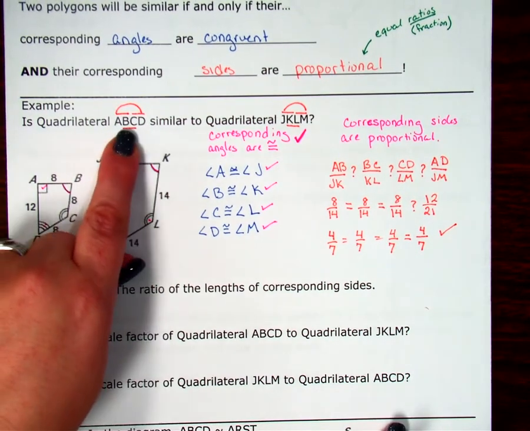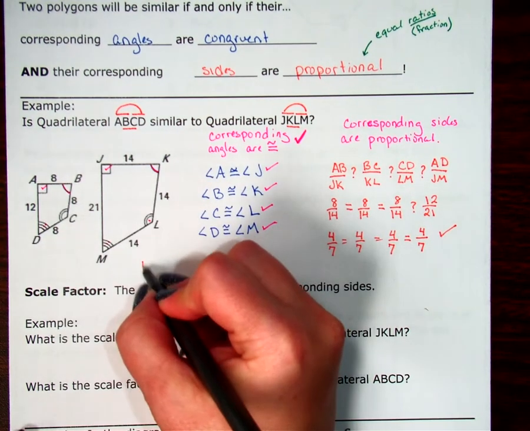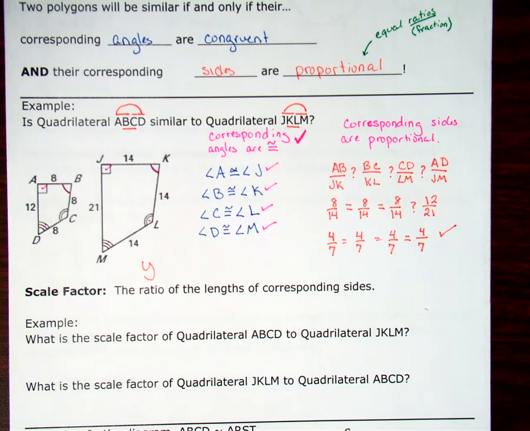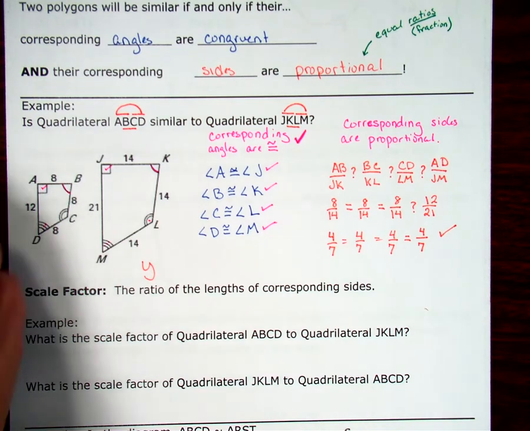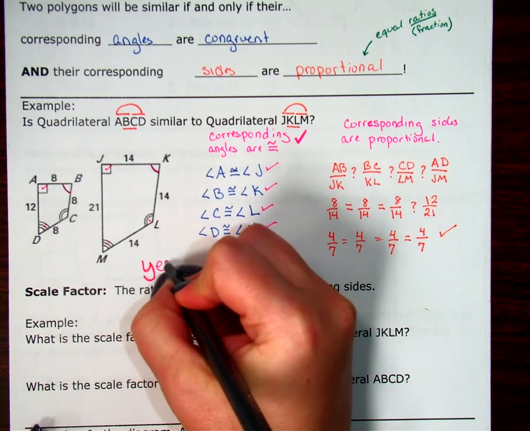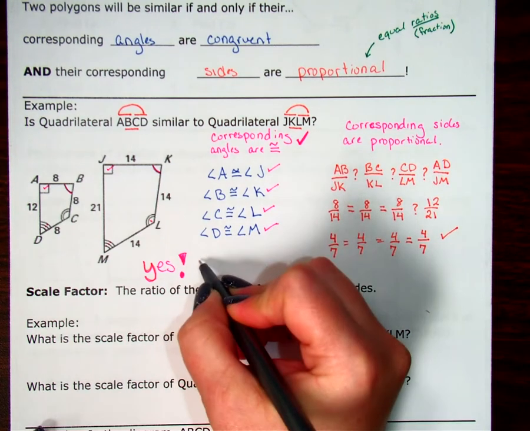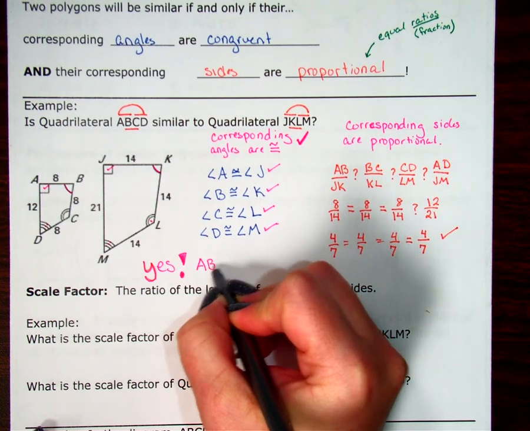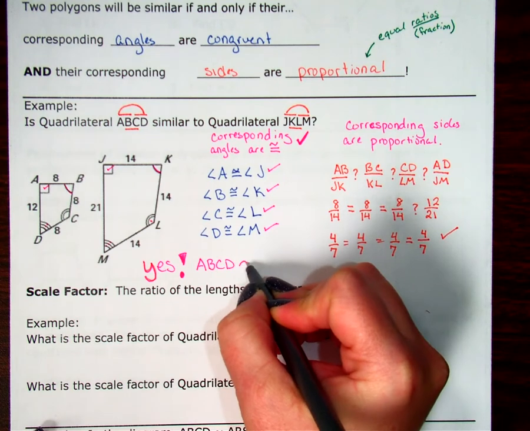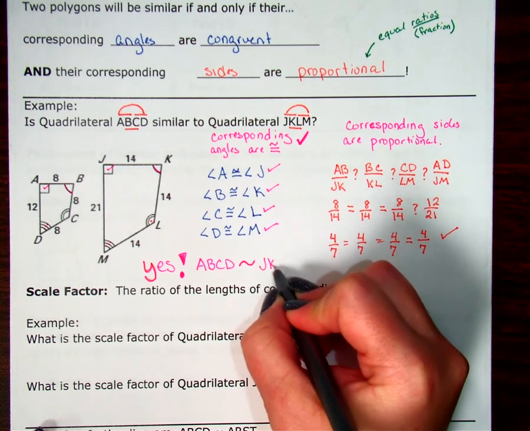So when it says, is quadrilateral ABCD similar to quadrilateral JKLM, we can say yes. Actually, I'm going to switch colors because that's my side color. Yes. And to write this out, we'll say ABCD is similar to, so I'm going to use my little squiggle, JKLM.